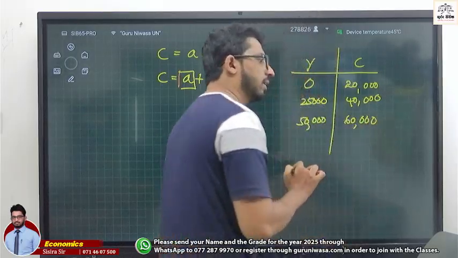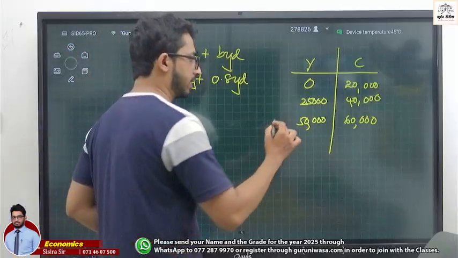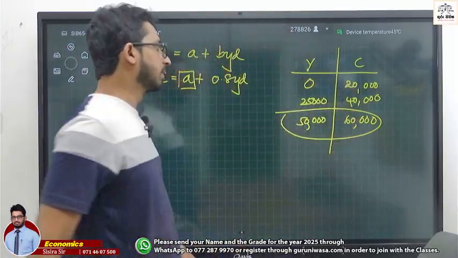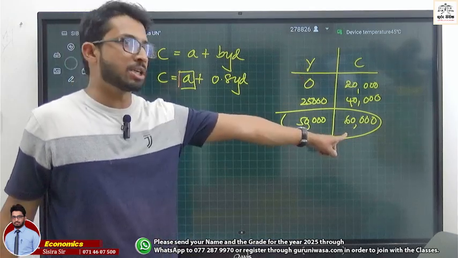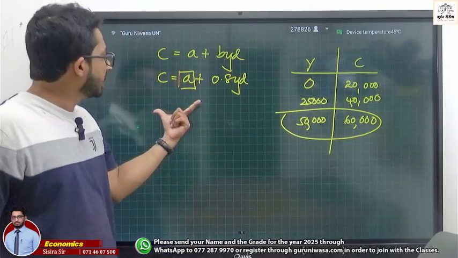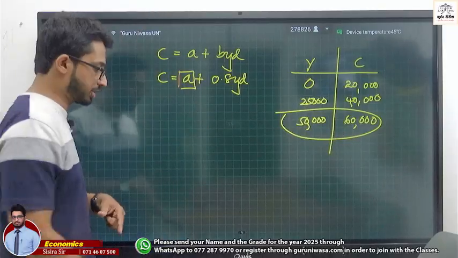How did you find the intercept in O level? Take any point you like. I take this one: income is 50,000, consumption is 60,000. Substitute values correctly into your equation.